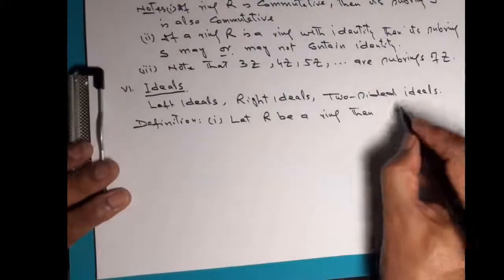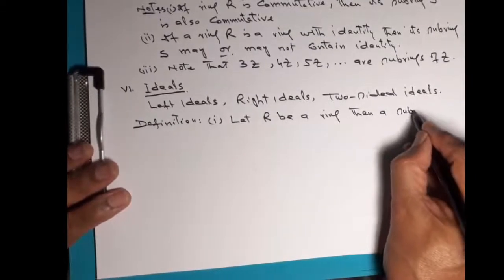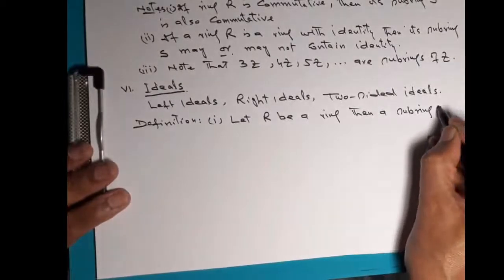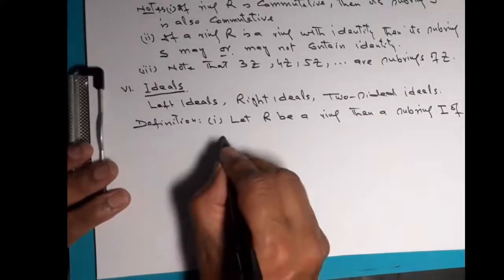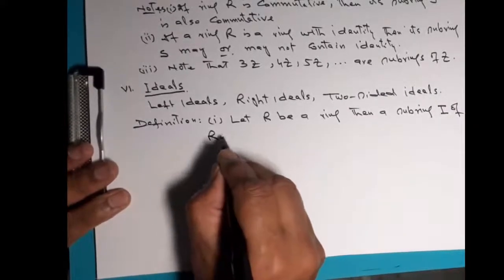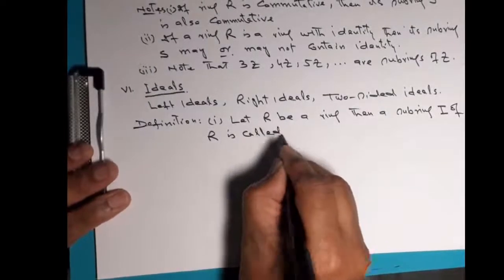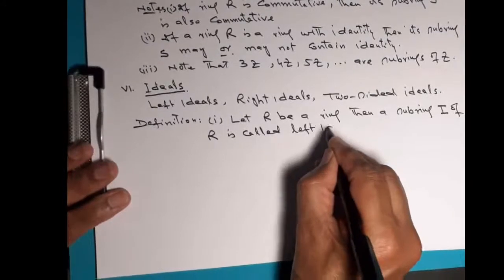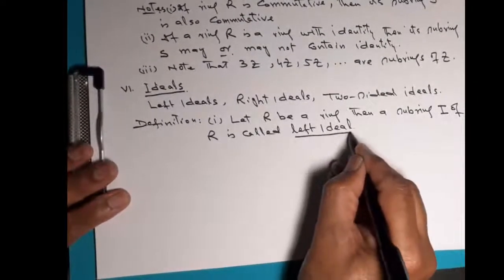Then let R be a ring, then a sub-ring, we denote it by I. Then a sub-ring I of R is called left ideal.